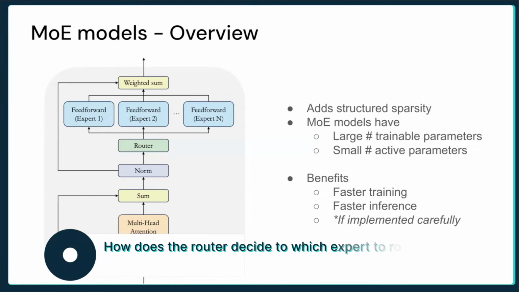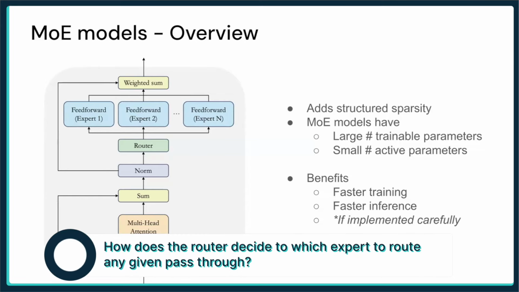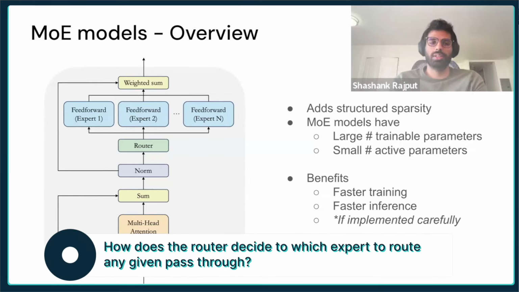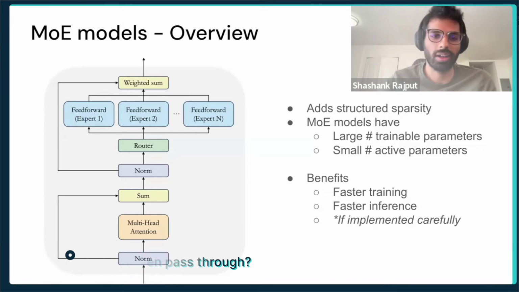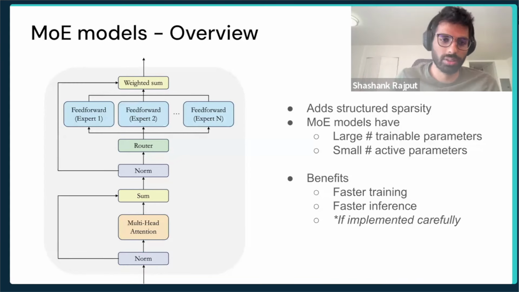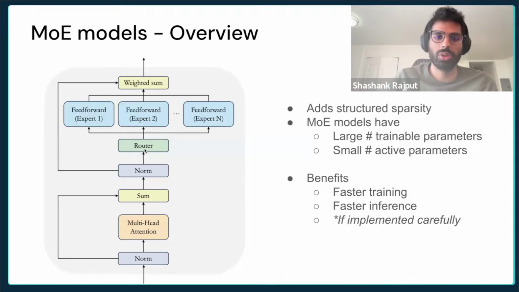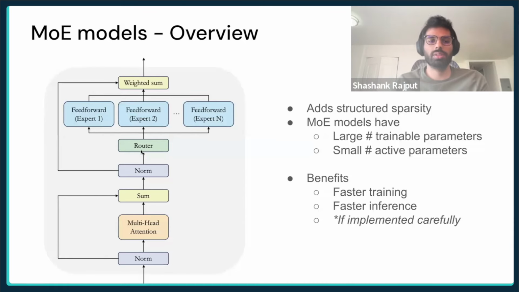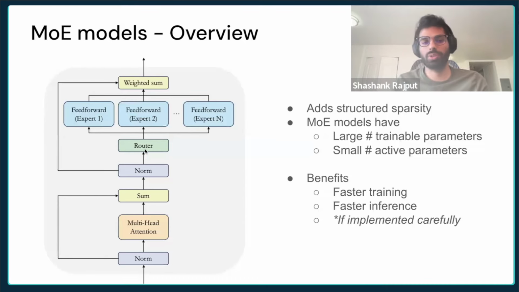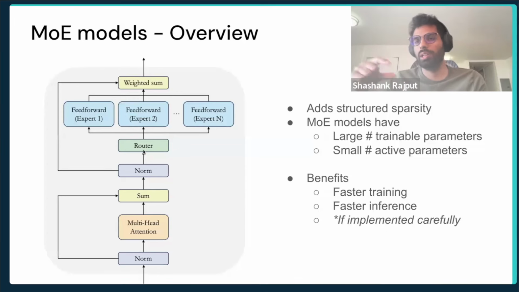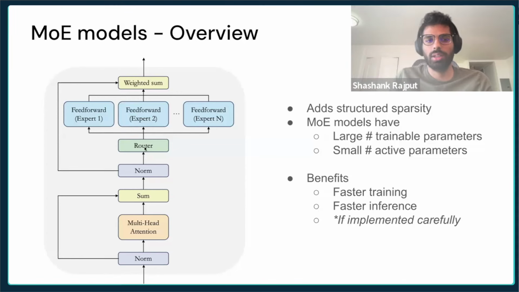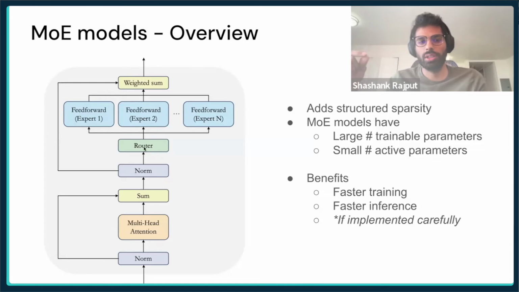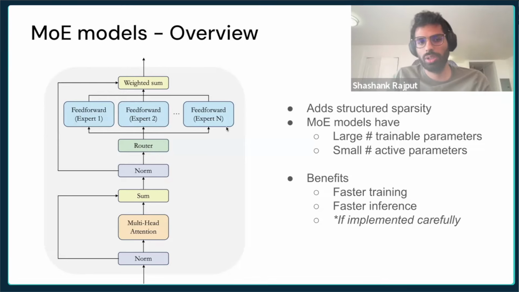But how does the router decide to which expert to route any given pass through? Yeah, so that's a whole other, actually a very interesting research area as well. Routers in general are just small neural networks. You can just think of them as a linear layer with a sigmoid at the end. And basically the output of that router is a probability distribution over each of these experts.